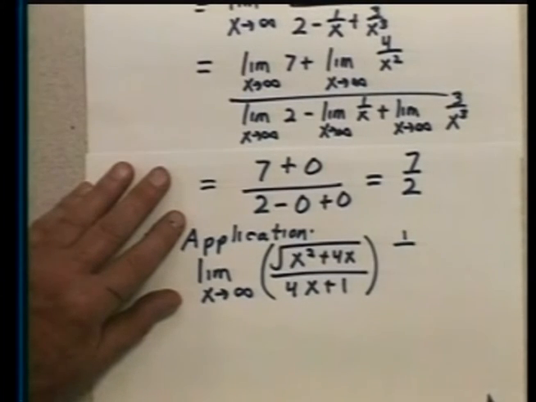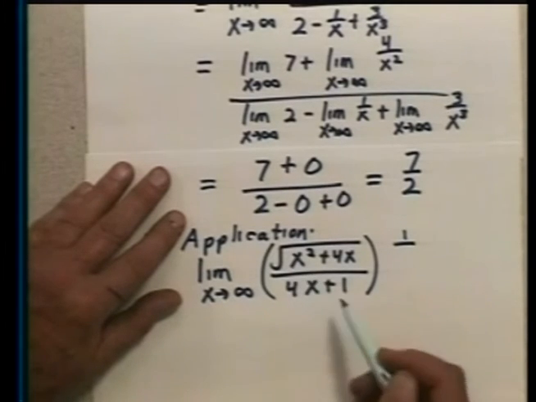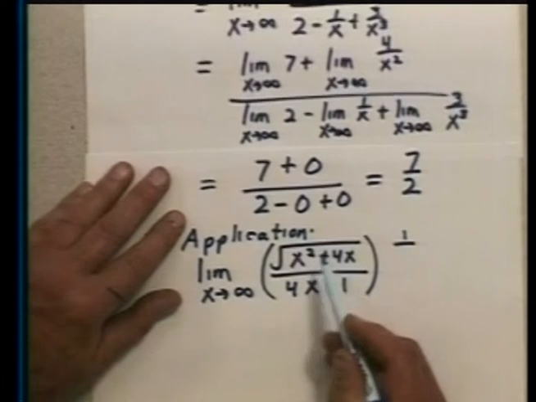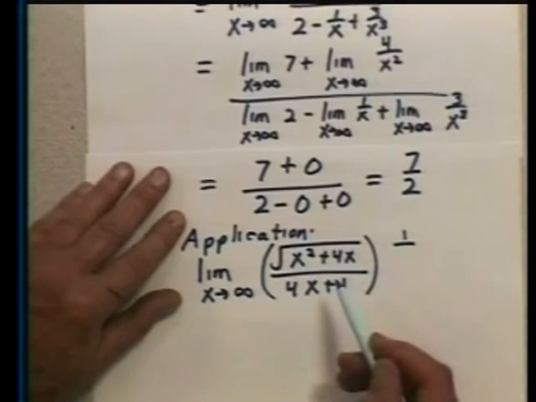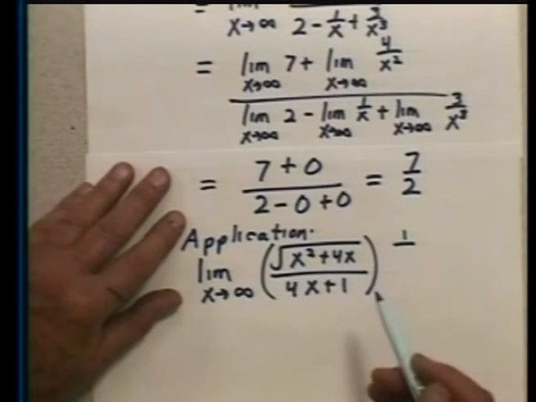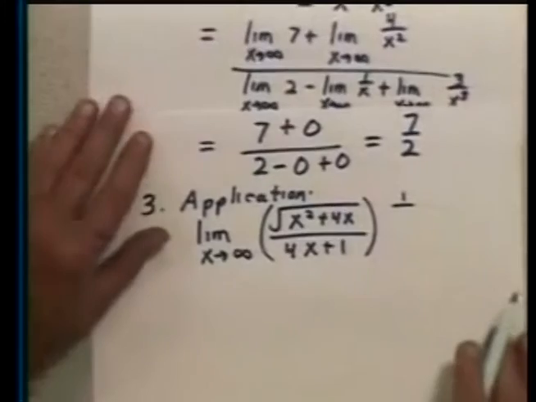What is it? Well, you have to kind of adjust. The highest power I see is x squared, right? But it is under a square root. So technically, 1 over x to the first, right? But now there's a wrinkle.